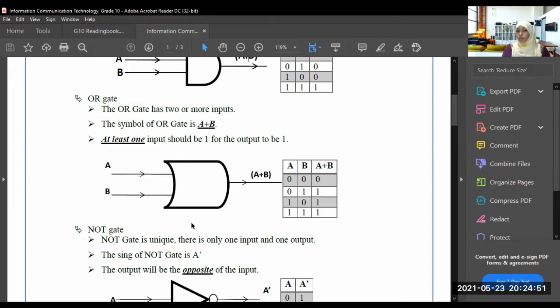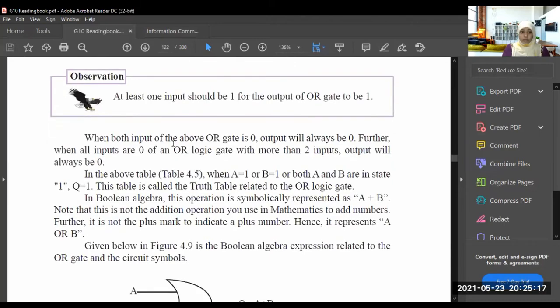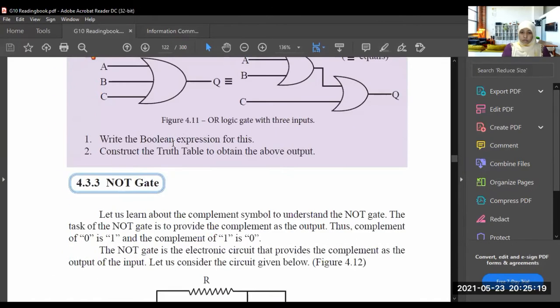So this is not A plus B, it is A OR B. So 0 or 0, 0. 0 or 1, 1. 1 or 0, 1. 1 or 1, 1.